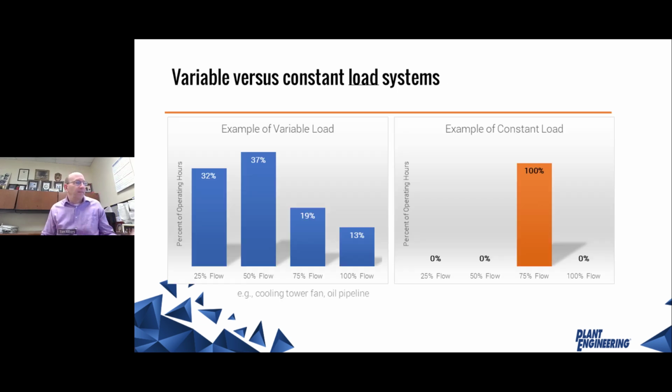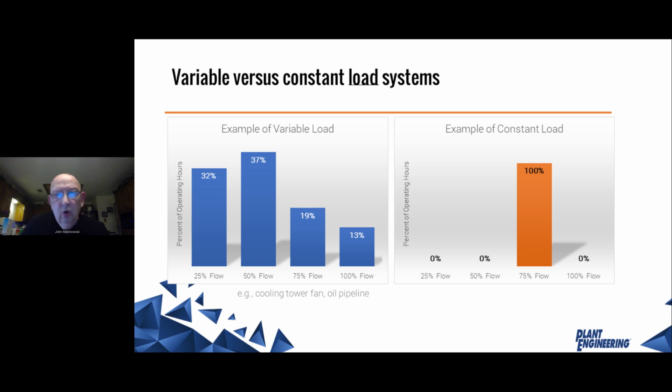So now we're talking about variable versus constant load systems. This is not constant torque or variable torque. This is constant load. So a constant load would be if I'm running the motor with the drive at a fixed speed.